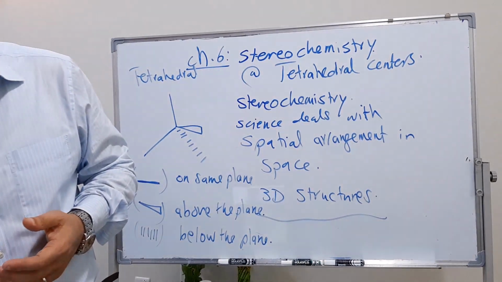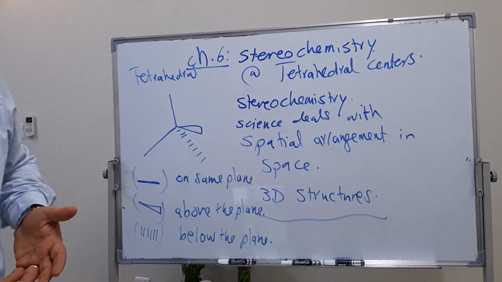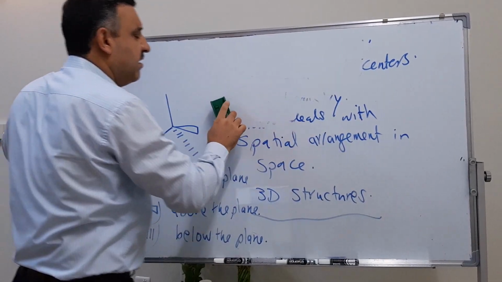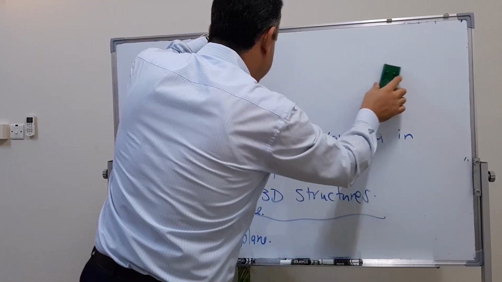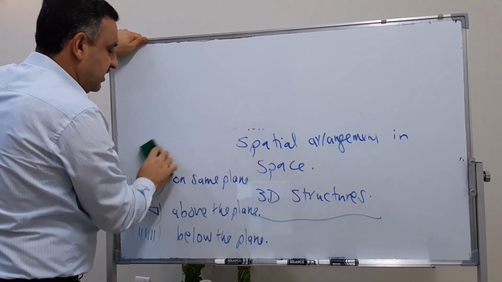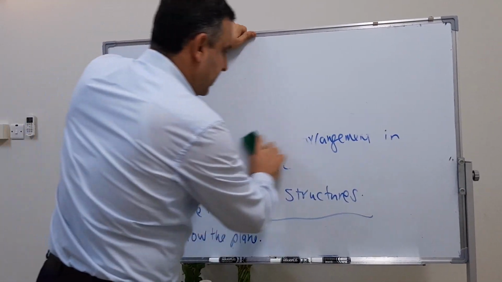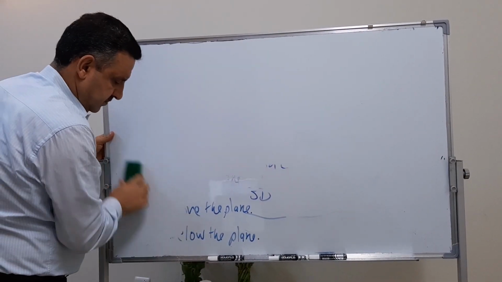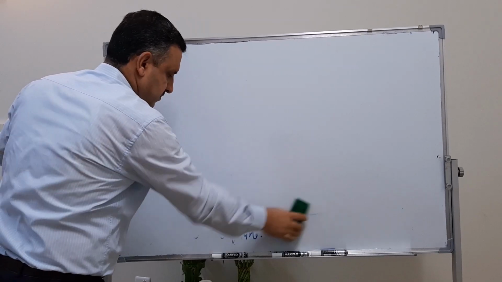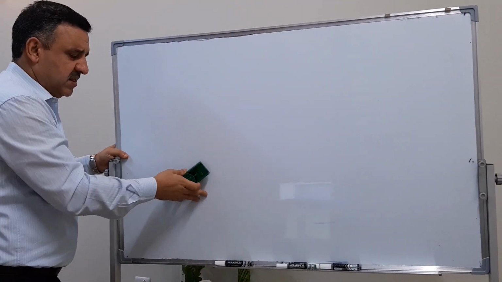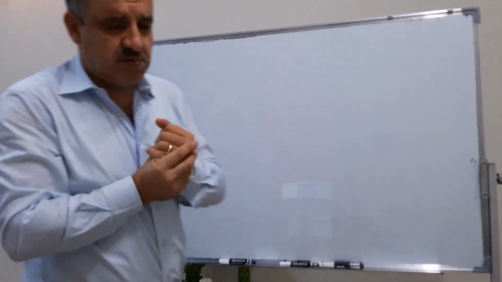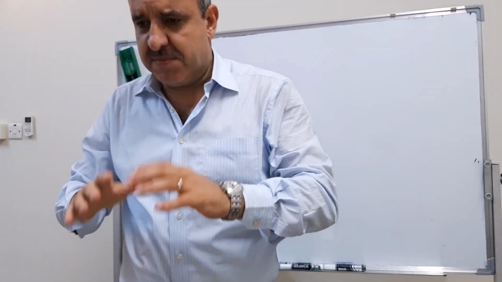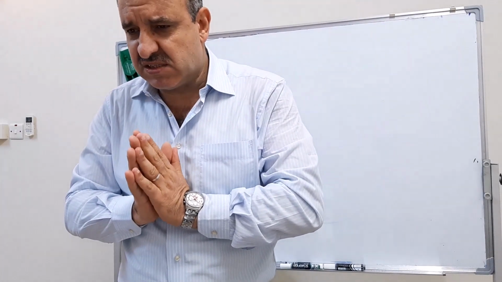Now, in principle, in life, we have some objects that have a property of chirality. Let me explain the meaning now. I just want to make this example, and then we go back to our board. In reality, there are objects which have this property.